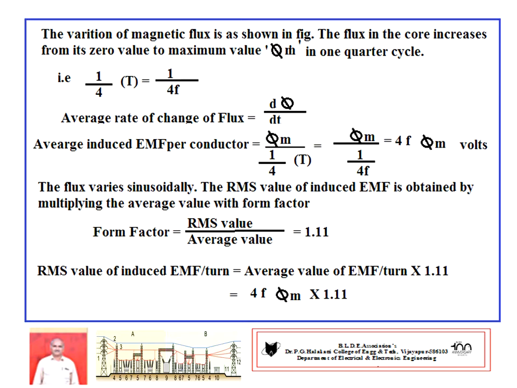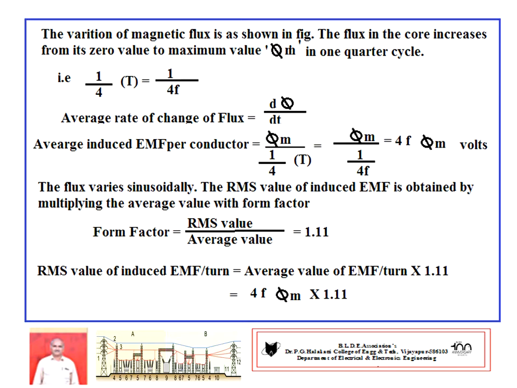Therefore, average rate of change of flux, that is d phi by dt: flux changes from 0 to maximum value, so it is phi m minus 0, hence d phi equals phi m, and dt equals 1/4 T or 1 divided by 4f.